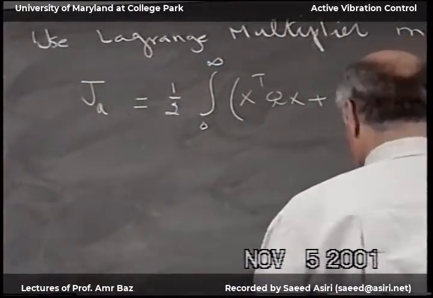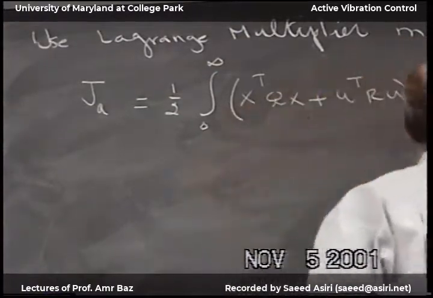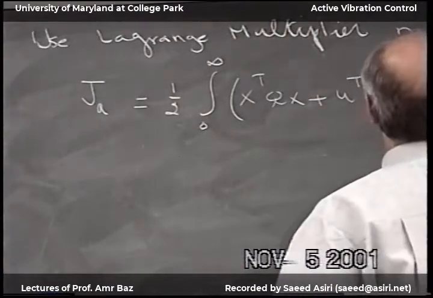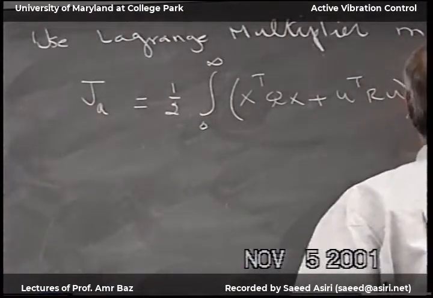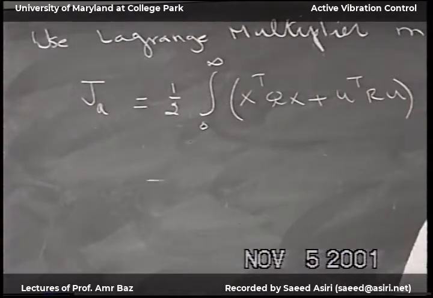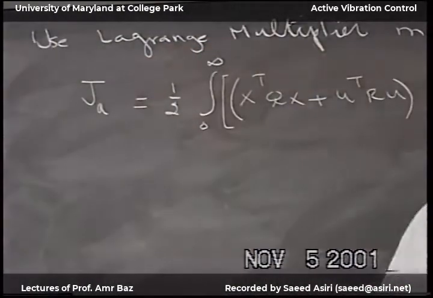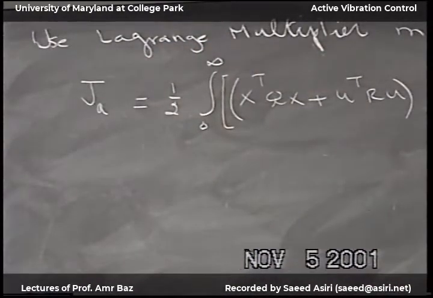And I'm going to make it lambda transpose, so the units will match. And then here, AX plus BU minus X dot, and this is the delta T.